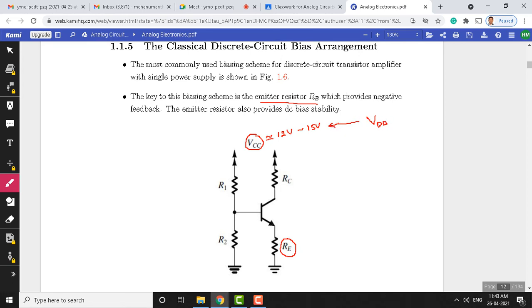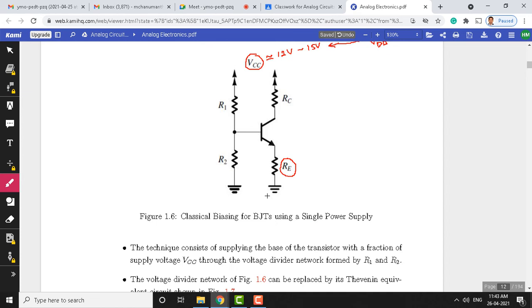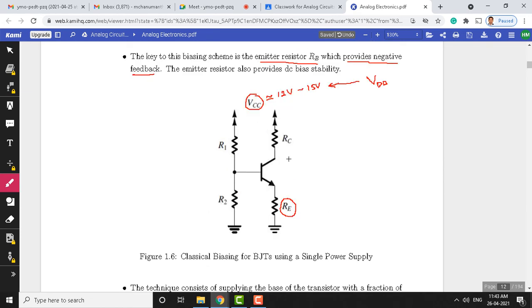Okay. And using this resistor Re, this provides negative feedback. What is negative feedback? We are trying to say that this emitter resistor Re provides negative feedback.